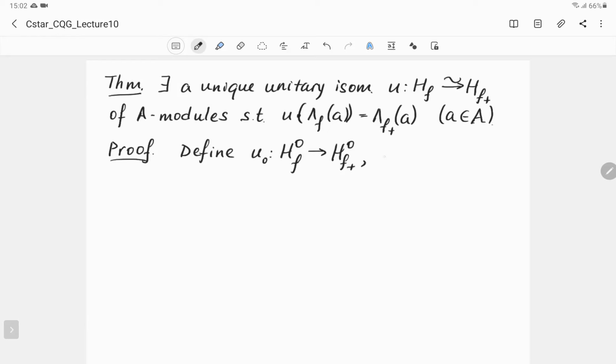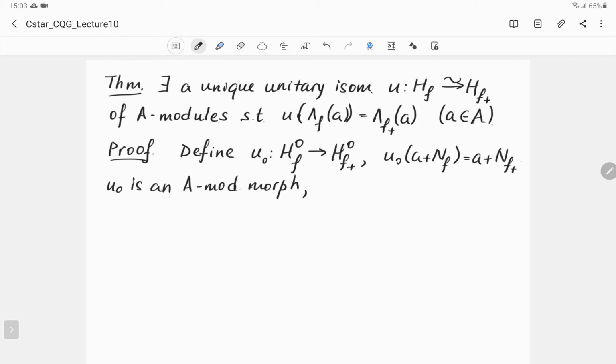It takes A plus N_F, that is lambda F of A, to A plus N_F plus. So clearly this is well defined. And moreover, it's clear from the construction that U0 is an A module morphism, because A acts as left multiplication.